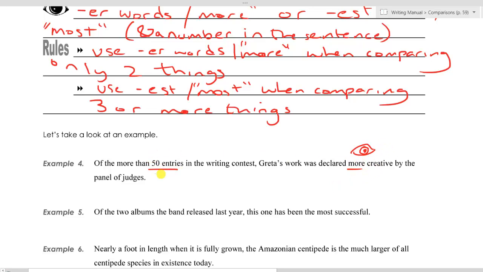However, there were more than 50 entries in this writing contest. So we do not want to use an ER word or more. We want to use an EST word or most. So of the more than 50 entries, Greta's work is declared most creative by the panel of judges.